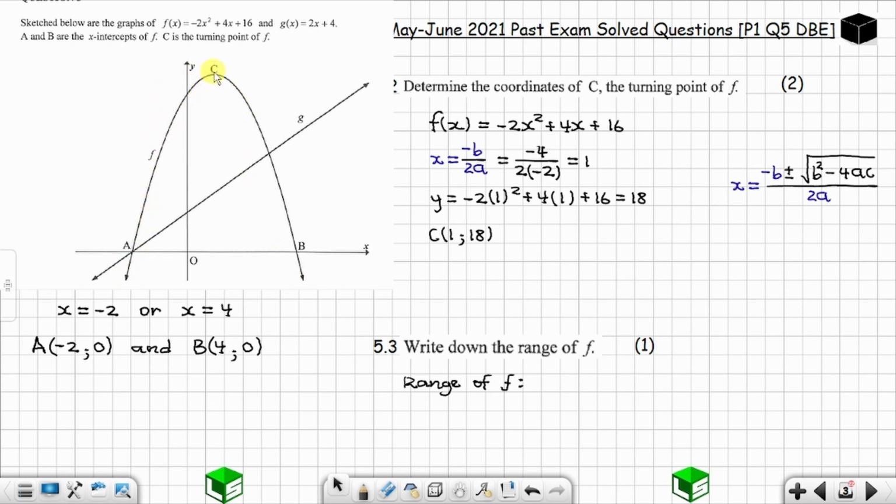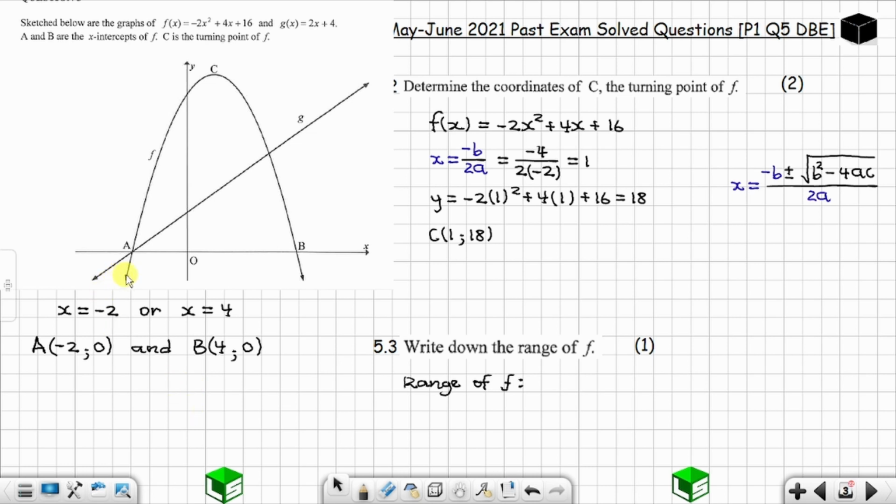You remember C, the turning point, the coordinates are (1, 18). So on y, you have 18. So the values that exist for f, you start from 18 and you go down. There is no value beyond 18 going up, because you can see the highest point for this graph is there, which is 18. So you start from 18 all the way down to negative infinity.